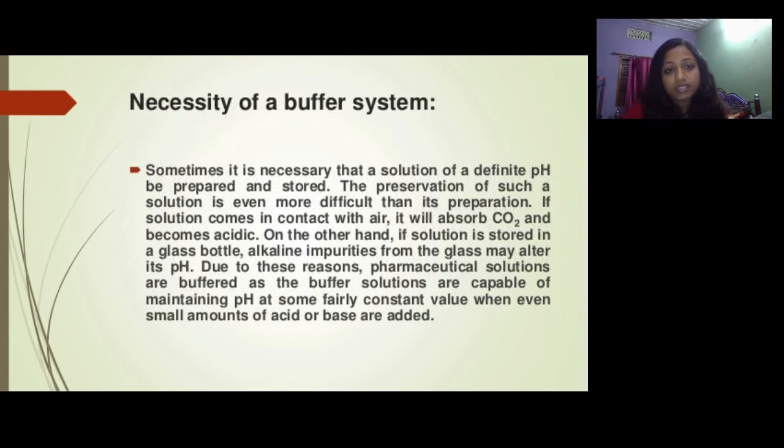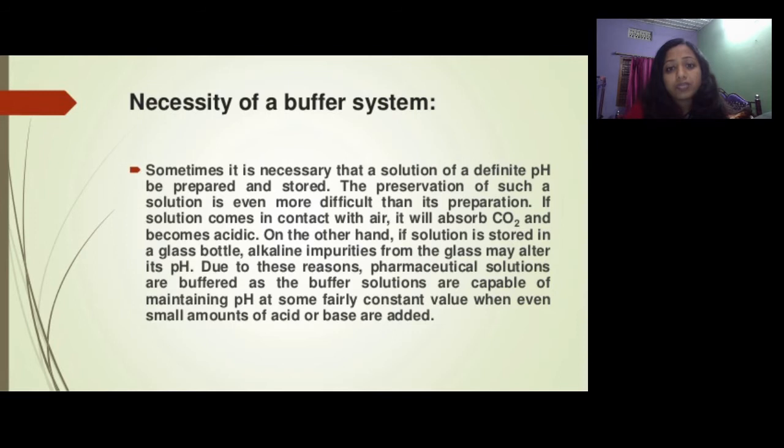Now, what is the necessity of a buffer system? Actually, sometimes it is necessary that a solution of definite pH be prepared and stored. The preservation of such a solution is even more difficult than its preparation. Mainly in pharmaceutical solutions, the pH should be properly maintained.